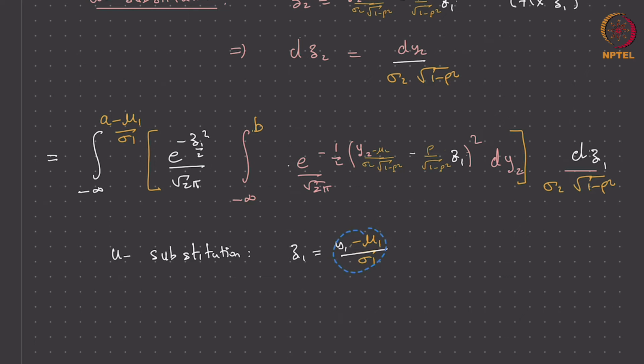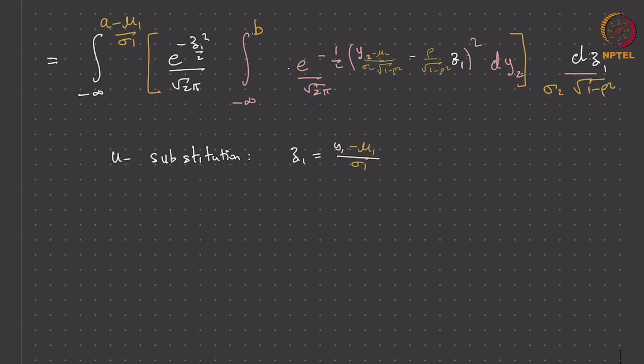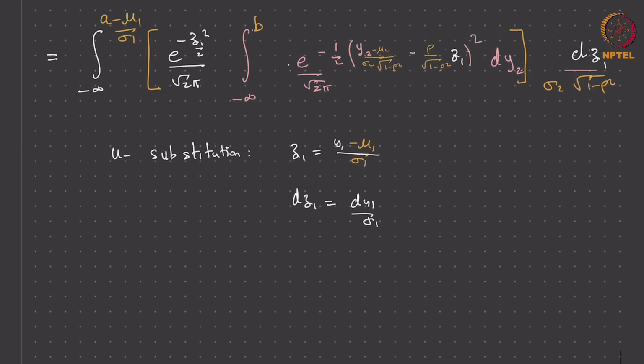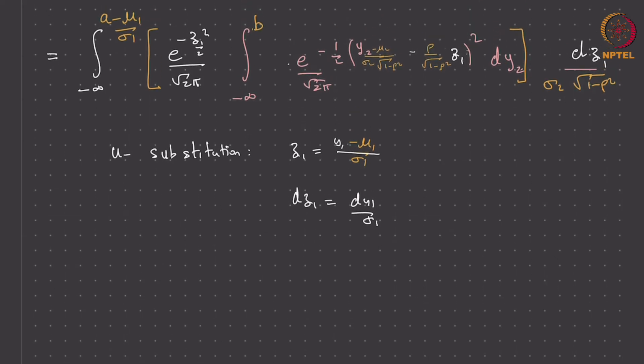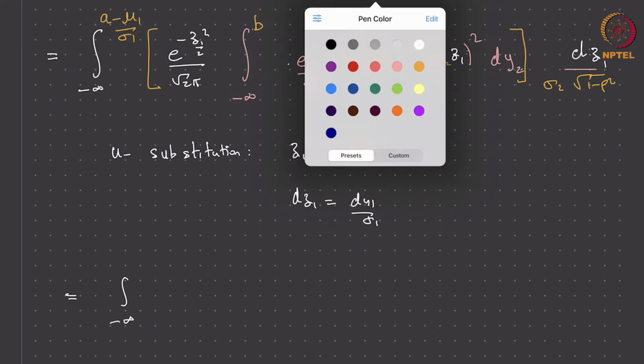So once I do this, then I know that dz1 is equal to dy1 by sigma 1. So I get the top integral becomes minus infinity to A. My new number is A.